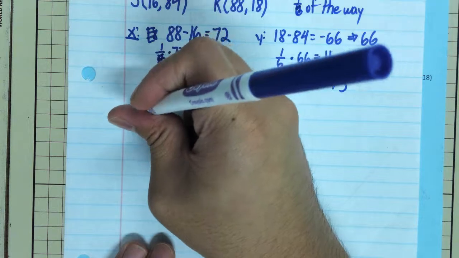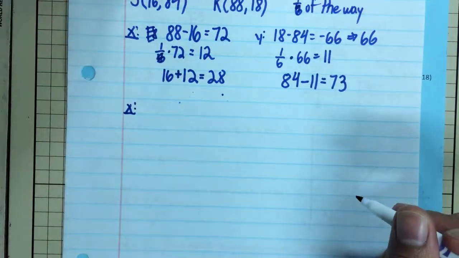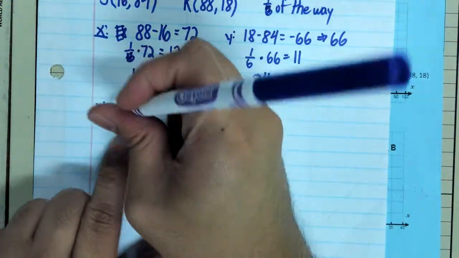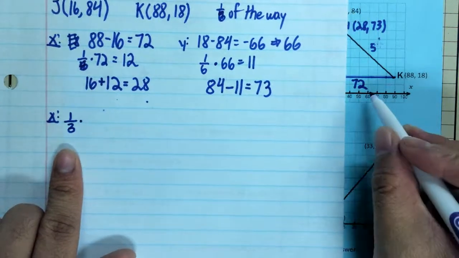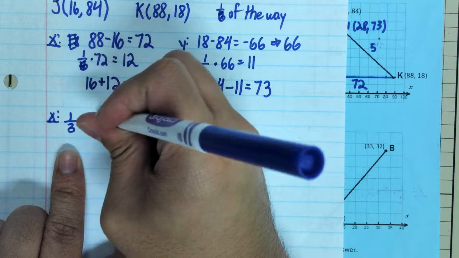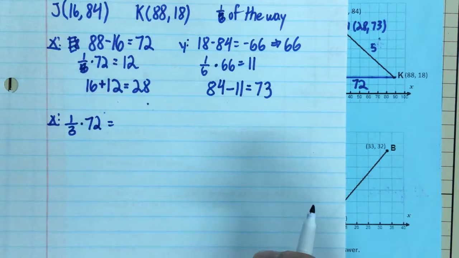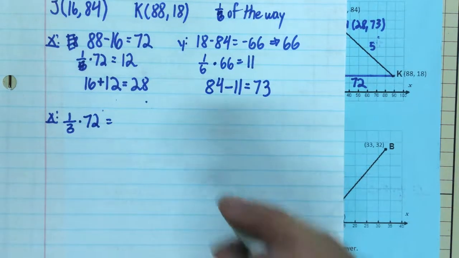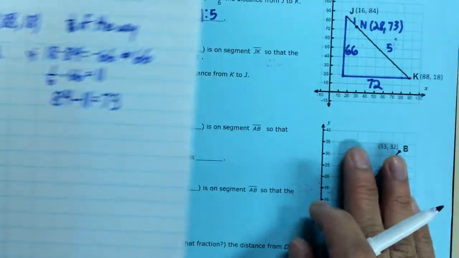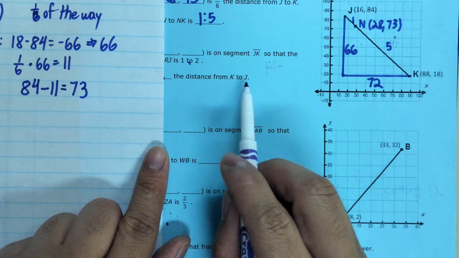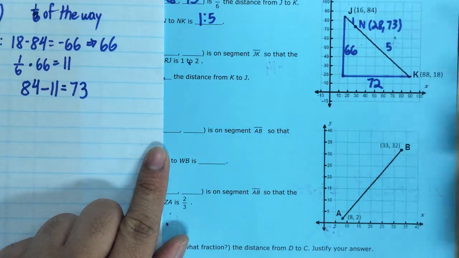Okay, what in part B again? On the x, I am taking 1/3 the distance of 72, and 1/3 of 72 gets me 24. This time note, we are going from K to J. We are going backwards now.